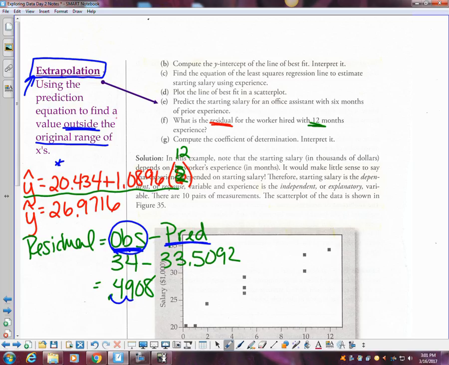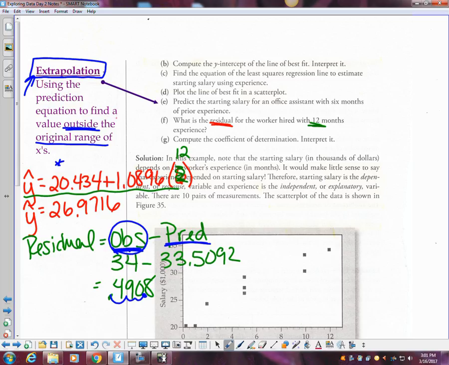So 1, 2, 3, because it's per thousand, this person is actually making $490.80 more than what this equation predicts them to make. So you would say the office assistant received $490.80 more than the predicted starting salary.